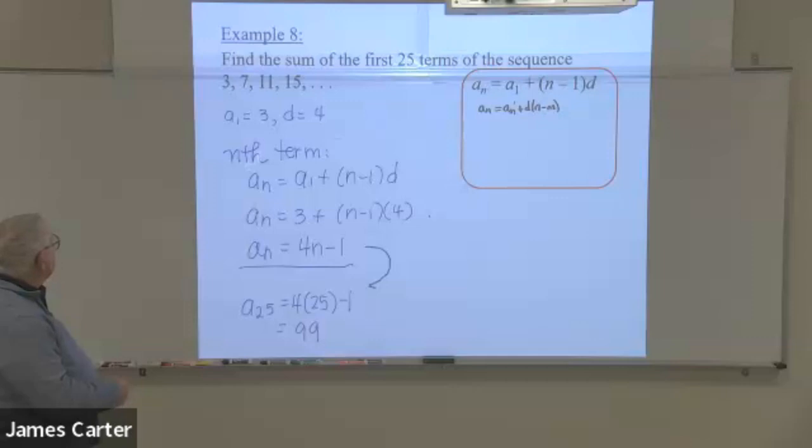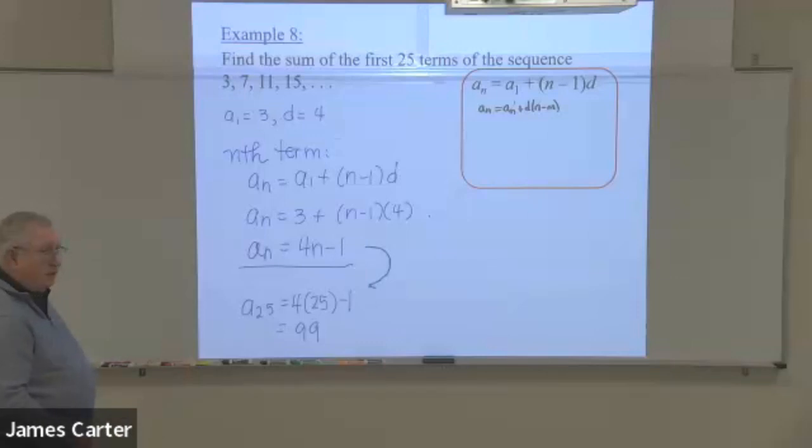For the nth term, which we don't know in this case, we got to figure it out. A sub 1 plus n minus 1 times d. Distribute this, and we get 4n minus 4.